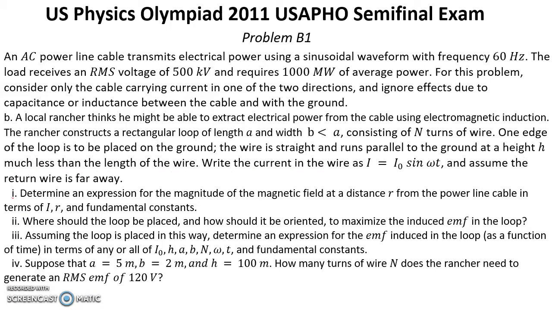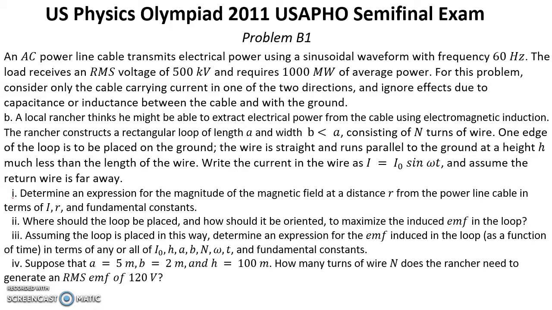Part B. A local rancher thinks he might be able to extract electrical power from the cable using electromagnetic induction. The rancher constructs a rectangular loop of length A and width B less than A, consisting of N turns of wire. One edge of the loop is to be placed on the ground.